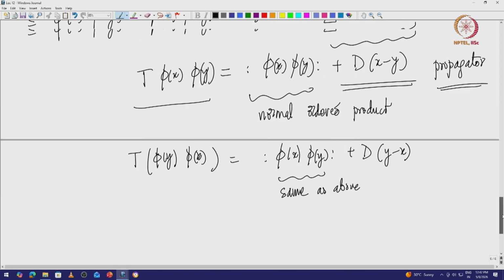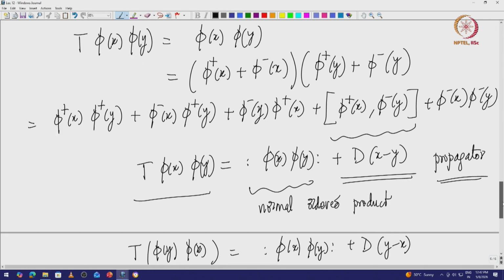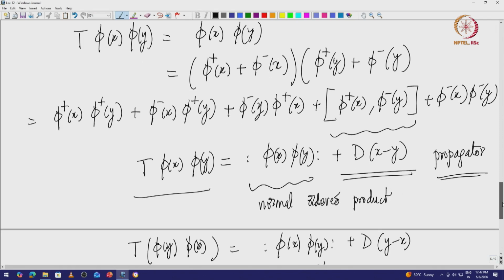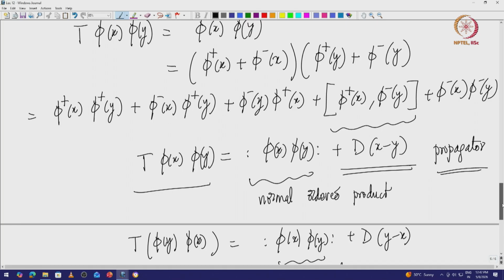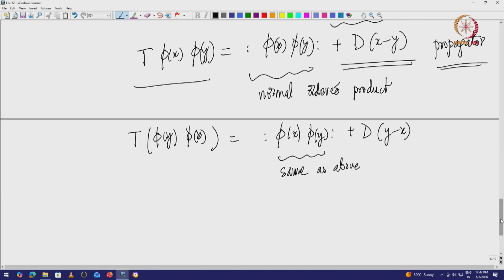See this pi plus pi minus, the way we have written it, if you take pi y and pi x also, the moment you put it in normal order it will be the same thing, because you always want pi plus on the right hand side. So this is obvious, this will be the same as the above.